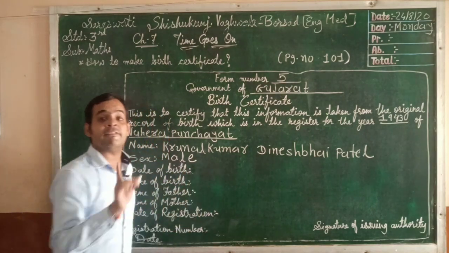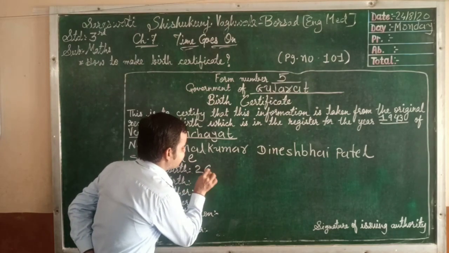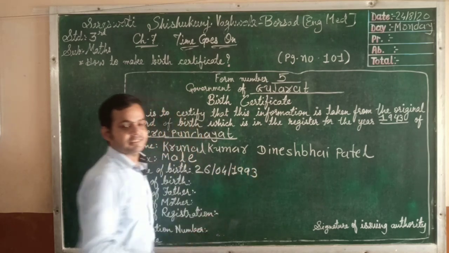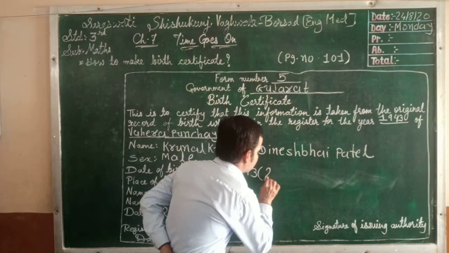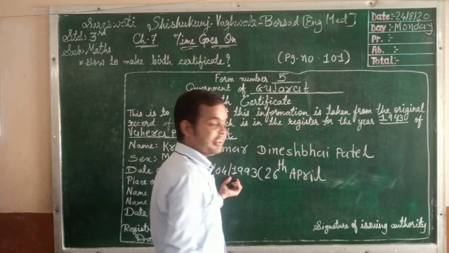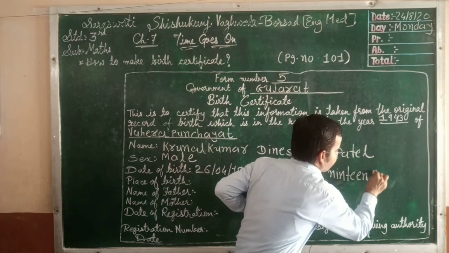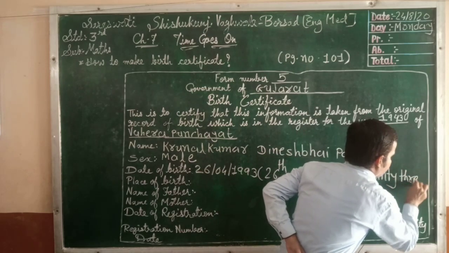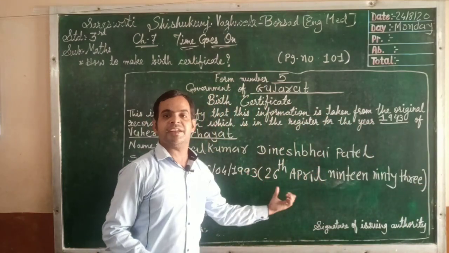First of all I write my birth date in numbers: 26 is the date, 4th month and 1993 the year. Then we can write the date of birth in words: 26 April 1993. This way you have to write your date of birth in words.